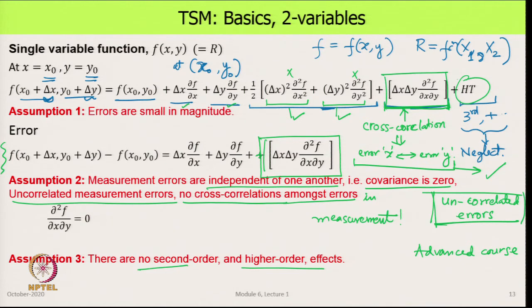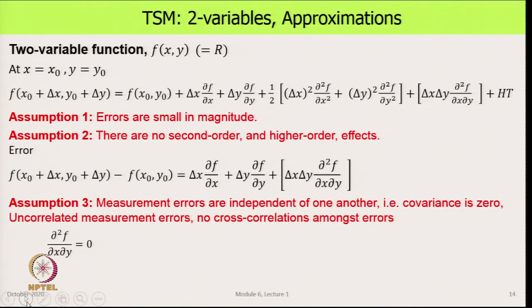So, in addition to this first assumption which was there for the one variable function, we now have two more expressions coming in. And if these assumptions are satisfied, okay, so these are nothing but the same assumptions rewritten here.